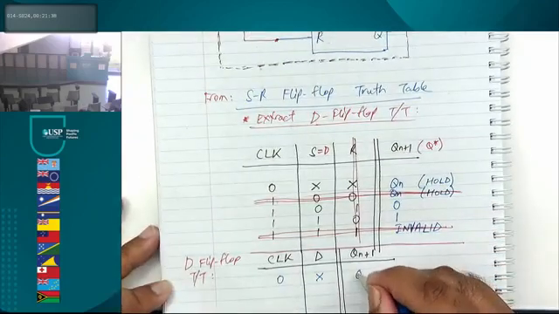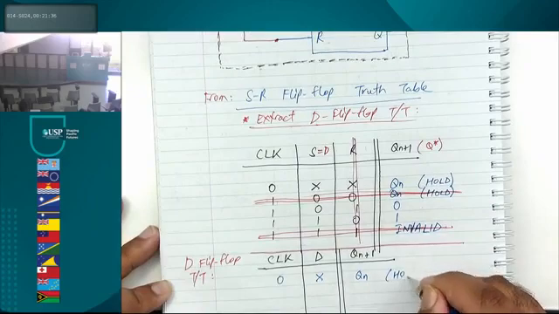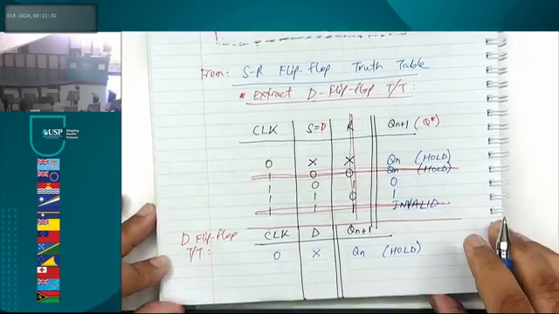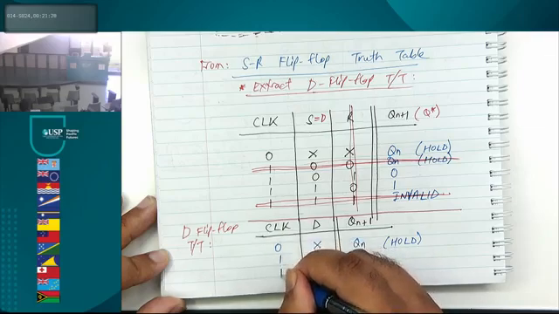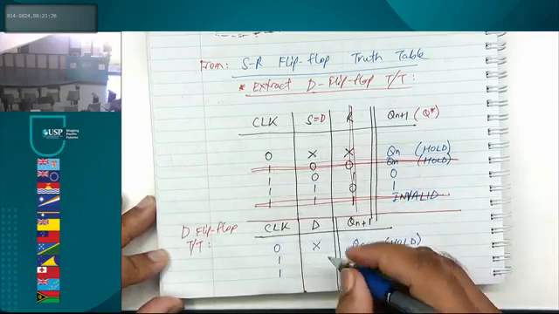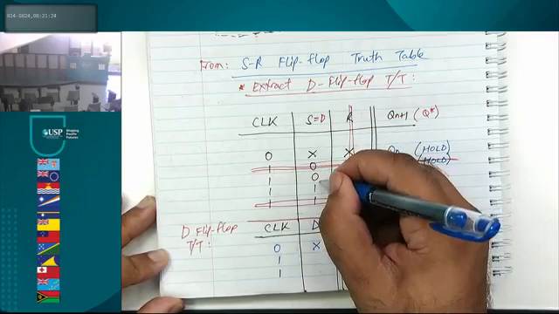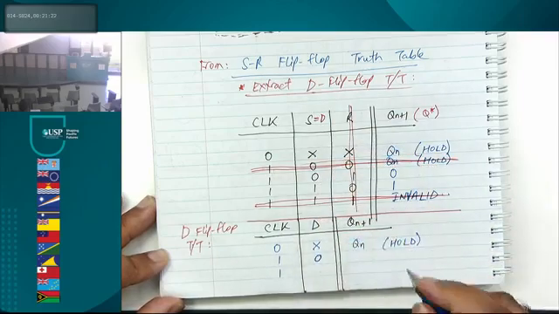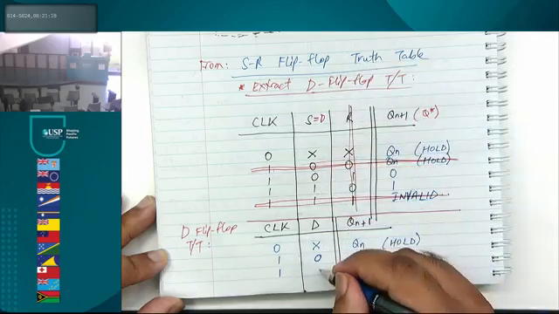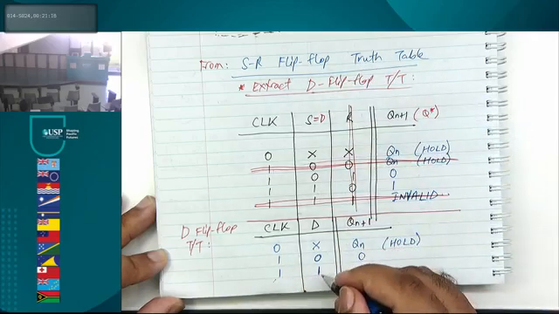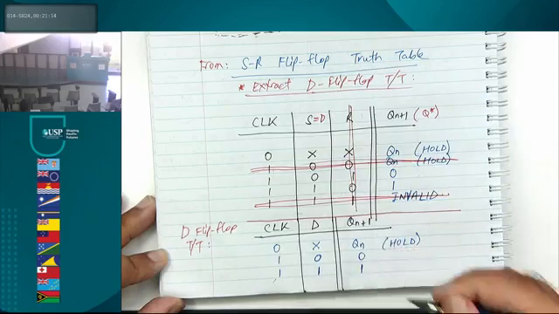So this becomes Qn, so we know this is in hold mode. If clock is 1 and D is 0, your Qn plus 1 is 0. If clock is 1 and D is 1, your Qn plus 1 is 1.